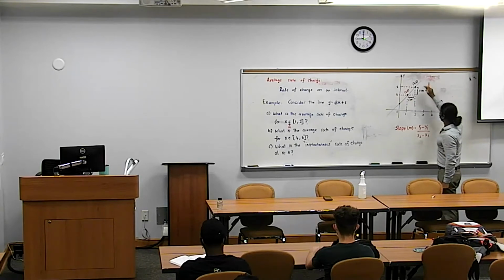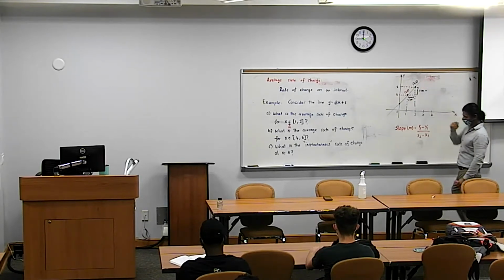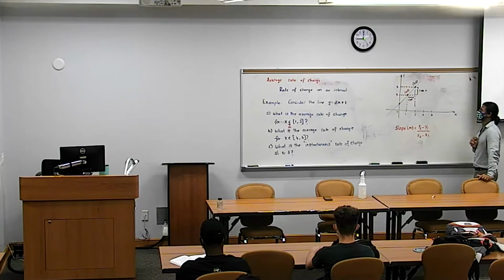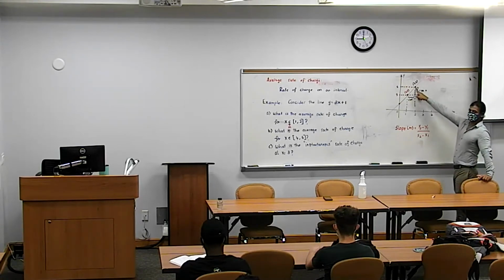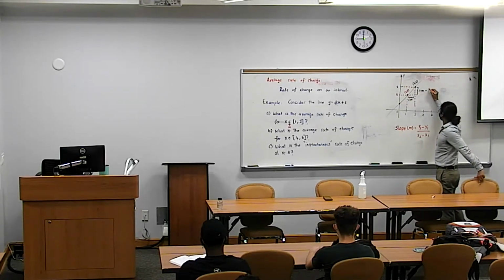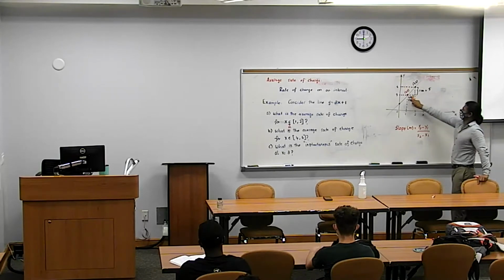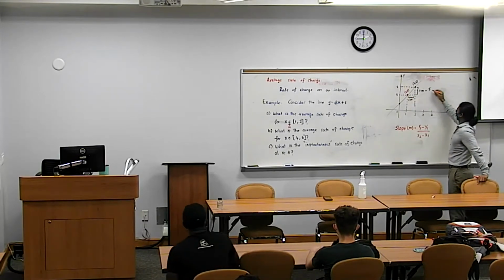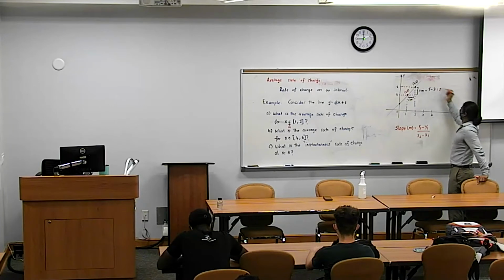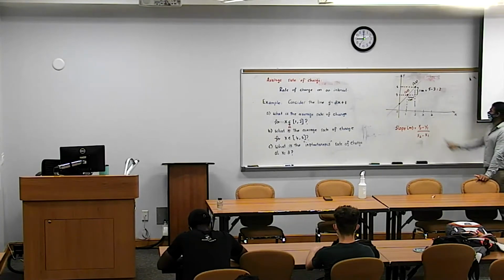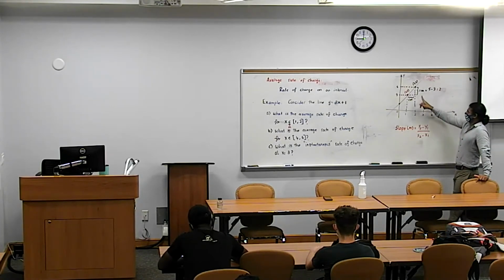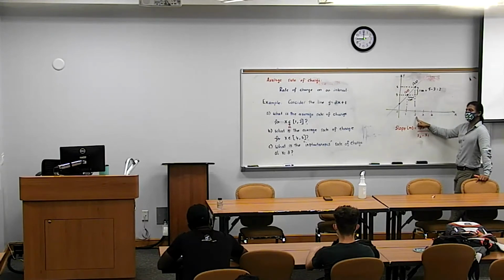So, what is y2 at that point? Five. y1 over here? 3. So we get 2. What is x2? x2 is 2. x1 is 1.